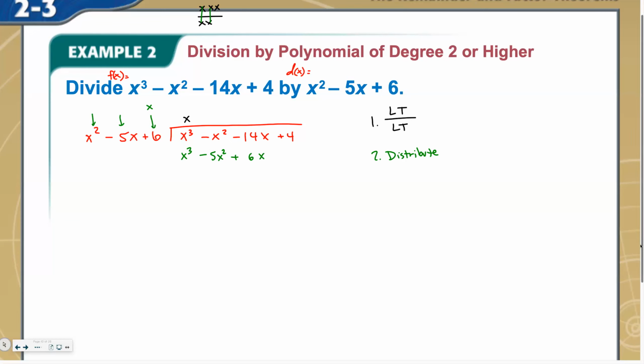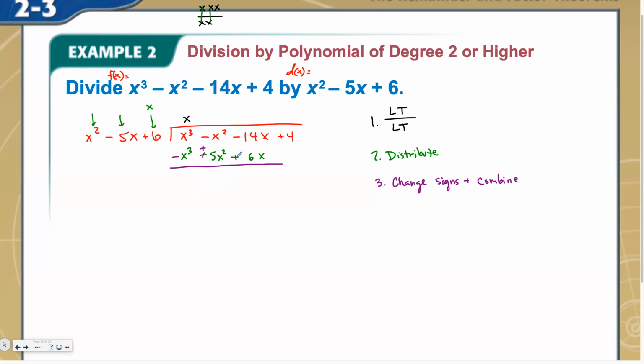Step 3. Change the signs. Joseph, what do you think? Change the signs. And I'm just going to say combine, but what else should I write if I were going to write everything out perfect? Combine like terms. Thank you, Pedro. So we're going to change our signs here. What happens to this negative? It becomes a positive.